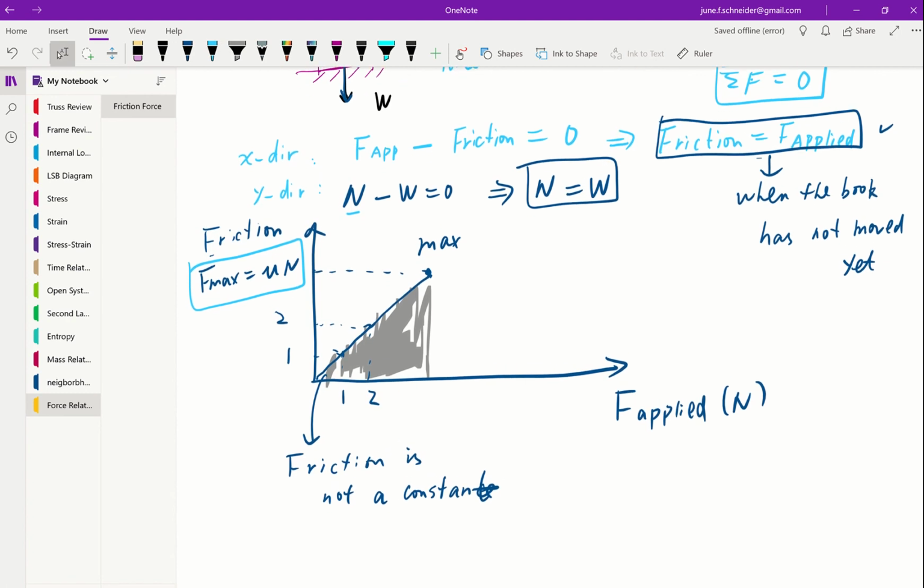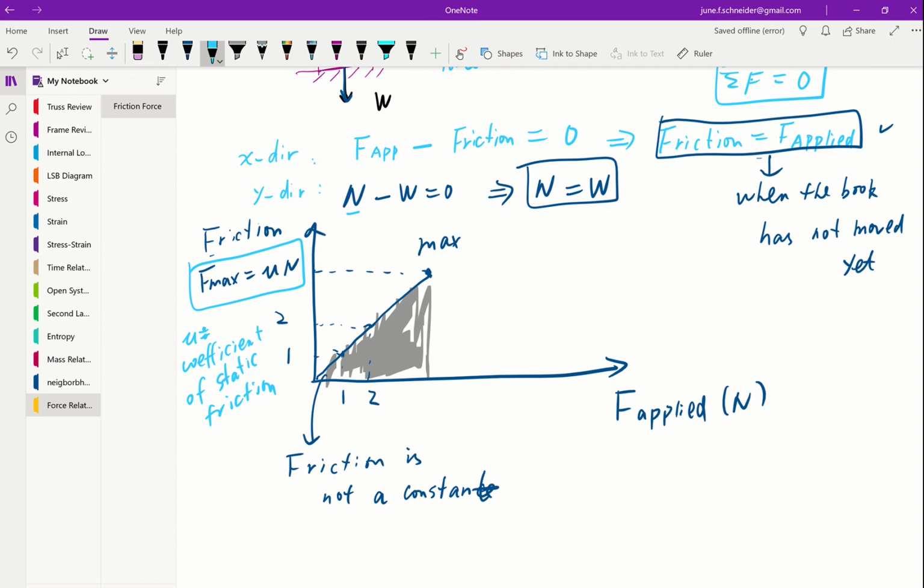So let's make a note. Mu here is coefficient of static friction. Okay, so it reaches that maximum value.